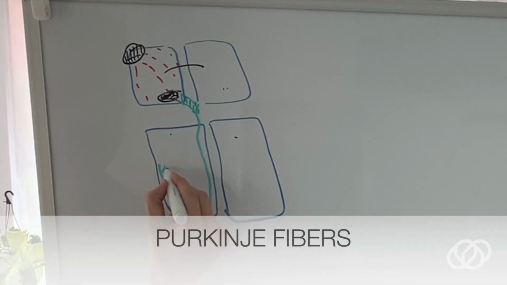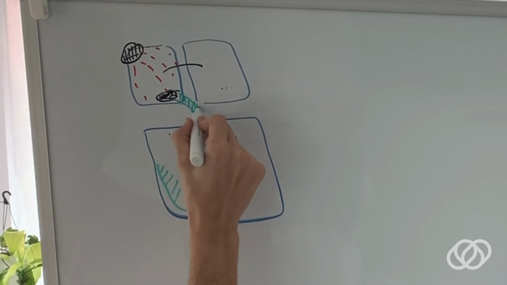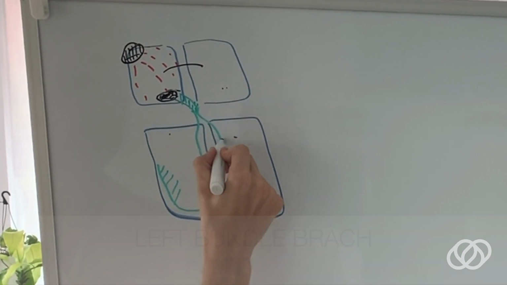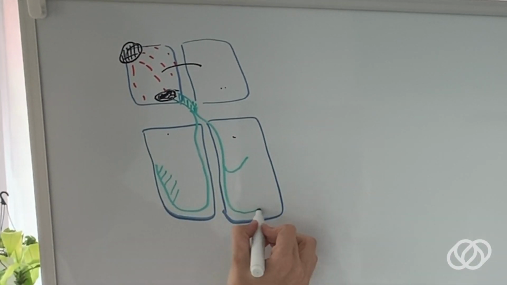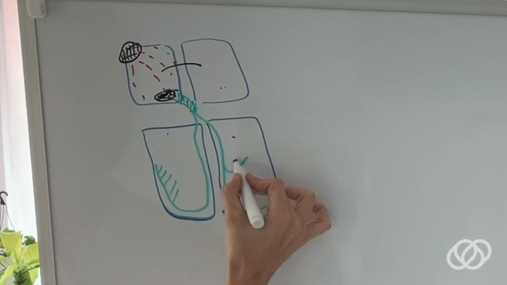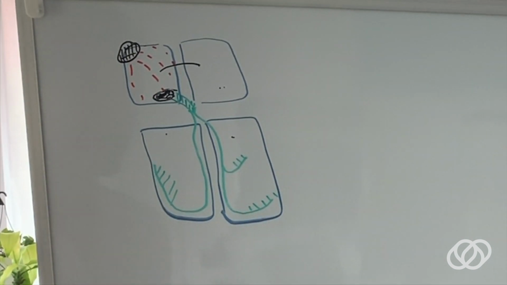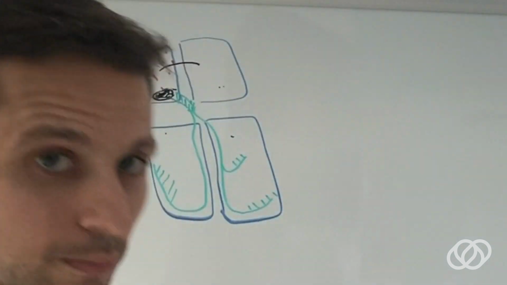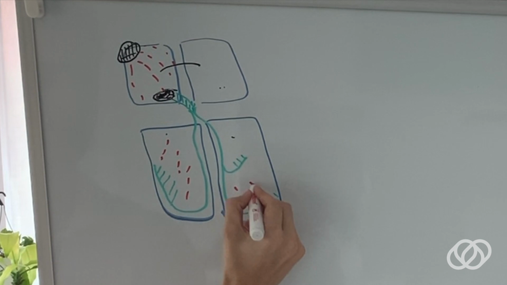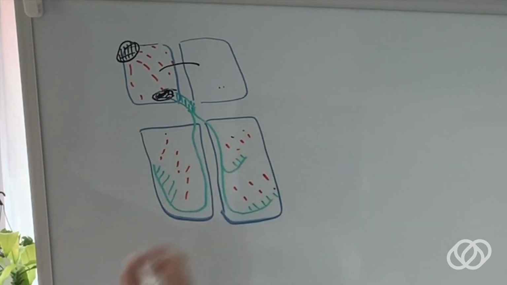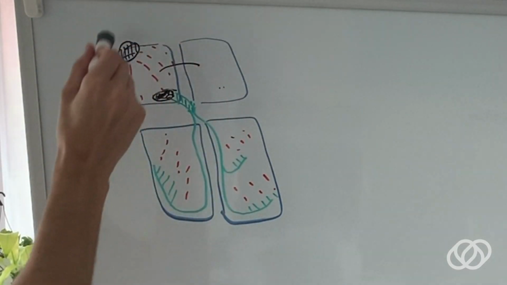It will finish with the Purkinje fibers, and then we'll have the left bundle branch with the anterior fascicle and the posterior fascicle. It will finish with the Purkinje fibers. Then finally the impulse will arrive to the myocardium of the ventricle. So here we have the conduction system of the heart.